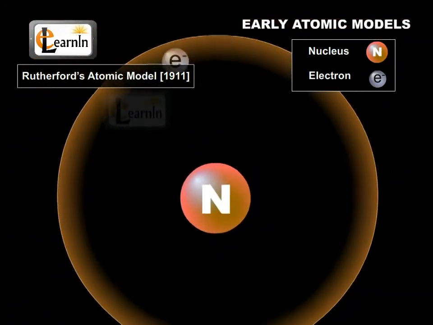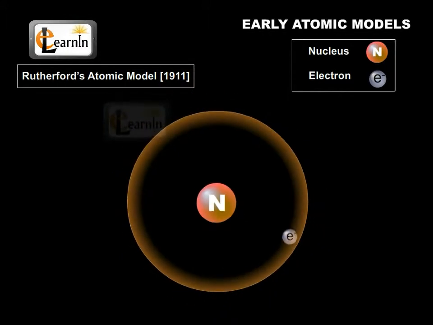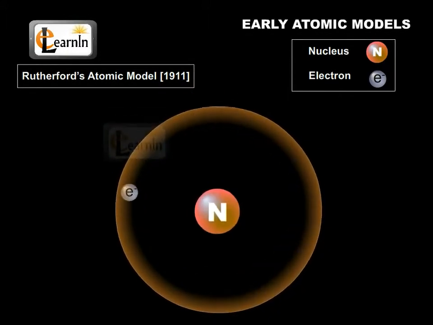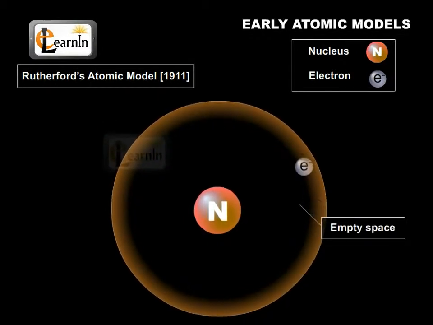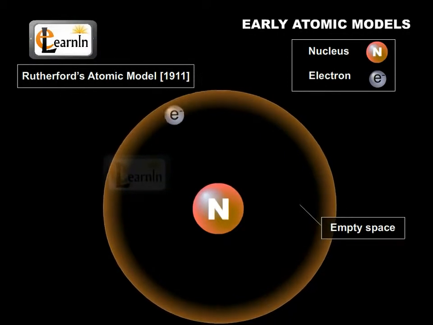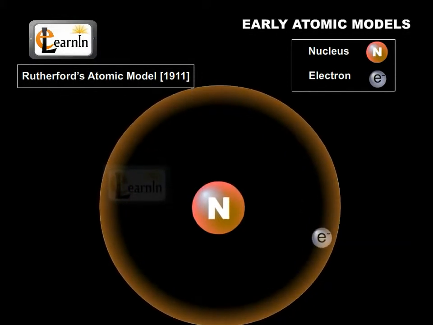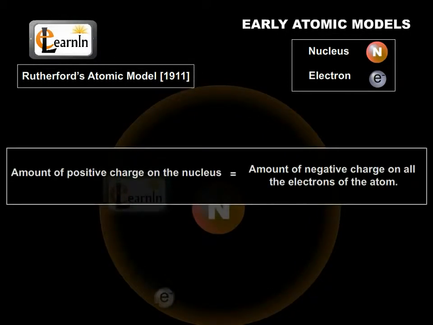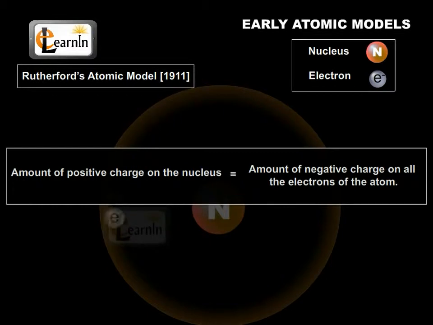Outside this nucleus, there are electrons which move around it at some separation. The space between the nucleus and the electrons is largely empty. However, the size of the atom is determined by the distribution of electrons around the nucleus. The amount of positive charge on the nucleus is exactly equal to the total amount of negative charges on all the electrons of the atom.